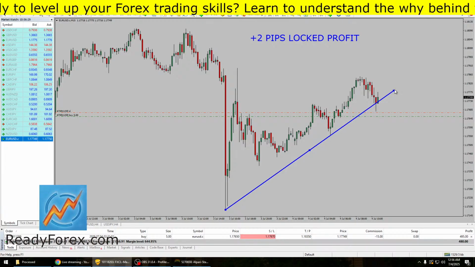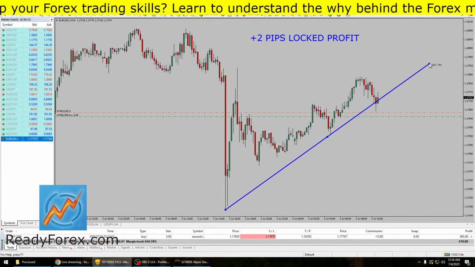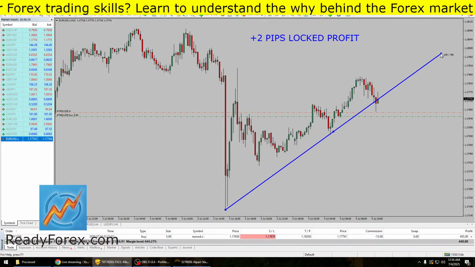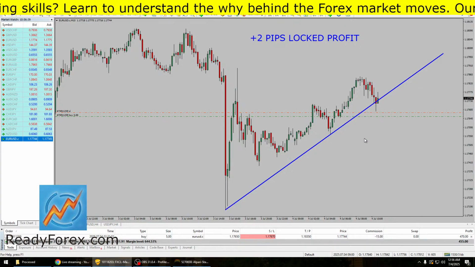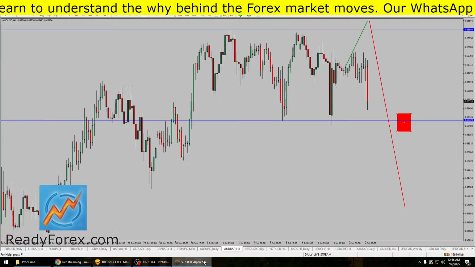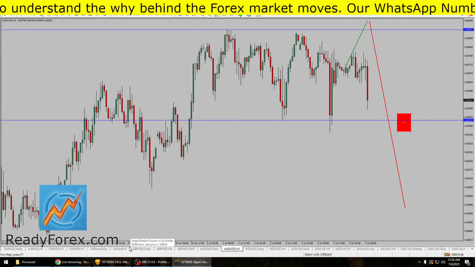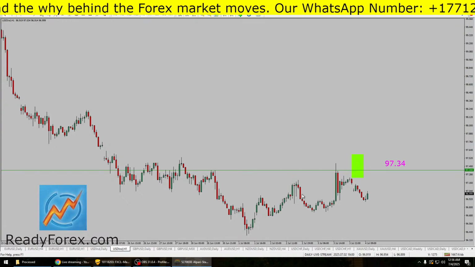And if Euro dollar is going down, then also expect a decline inside AUD USD currency pair, NZDUSD currency pair, and pound dollar currency pair as well. Okay, but right now I was showing you earlier the US dollar index. The trend is down in US dollar index.